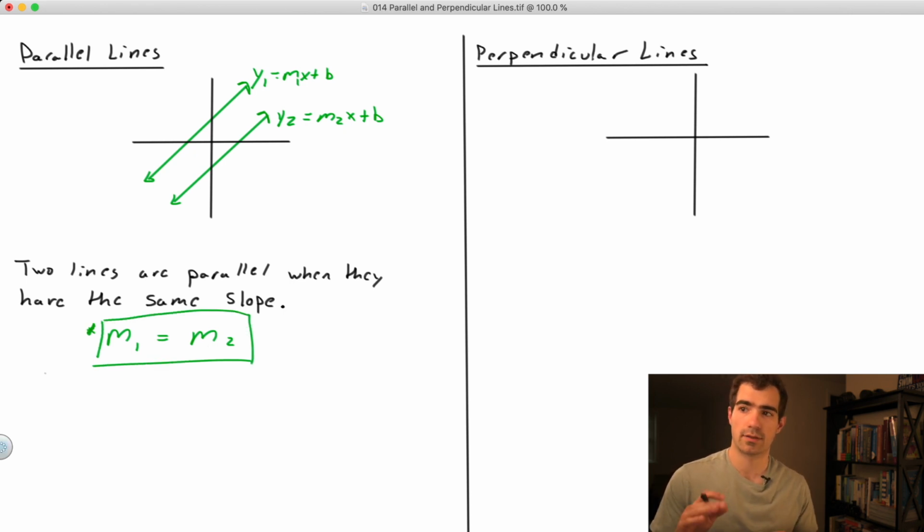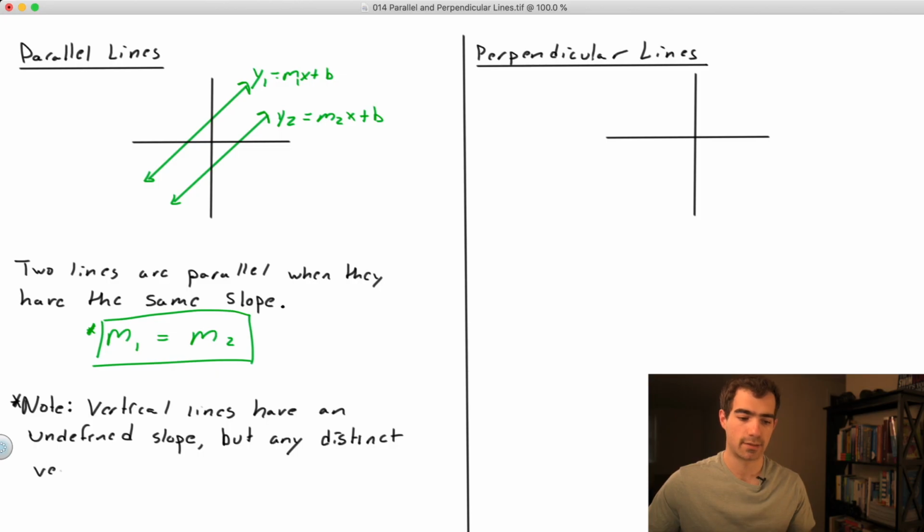Now we should note here there is a little bit of a nuance to pay attention to when it comes to vertical lines, right? Vertical lines have an undefined slope, but any two distinct vertical lines will also be parallel with each other.